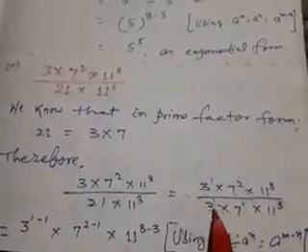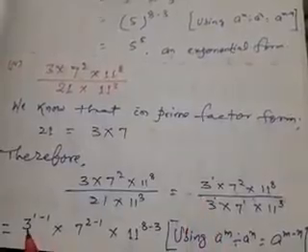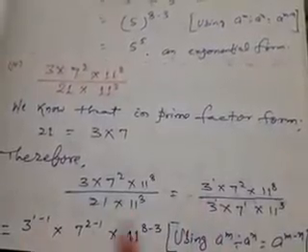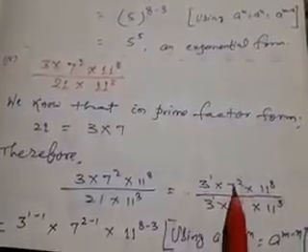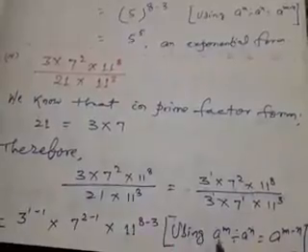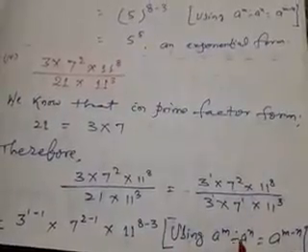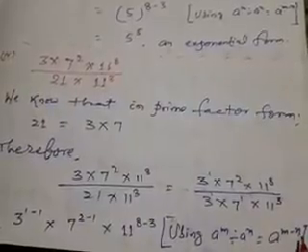When we divide this, it becomes 1, or we write also in this way: 3 to the power 1 minus 1 multiply 7 to the power 2 minus 1 multiply 11 to the power 8 minus 3, using a to the power m divided by a to the power n is equal to a to the power m minus n.